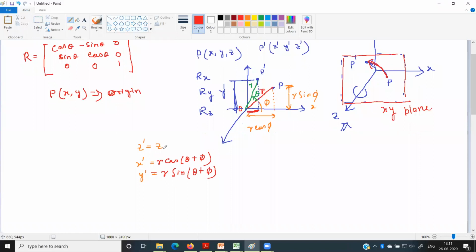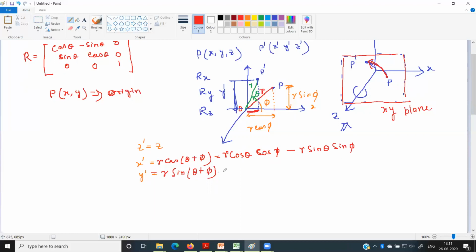So if we can expand this further, this will be r cos theta cos phi minus r sin theta sin phi.